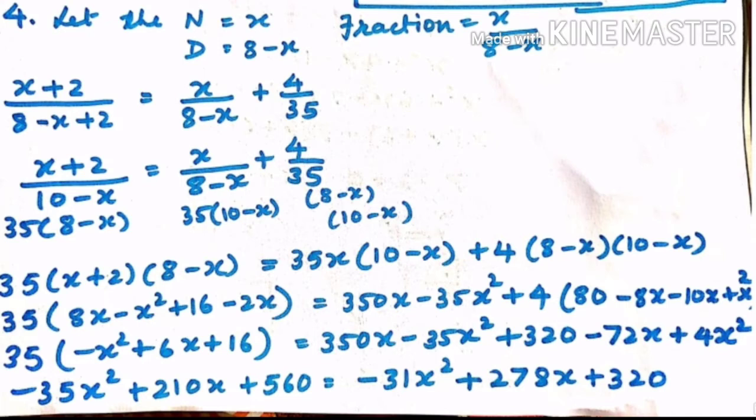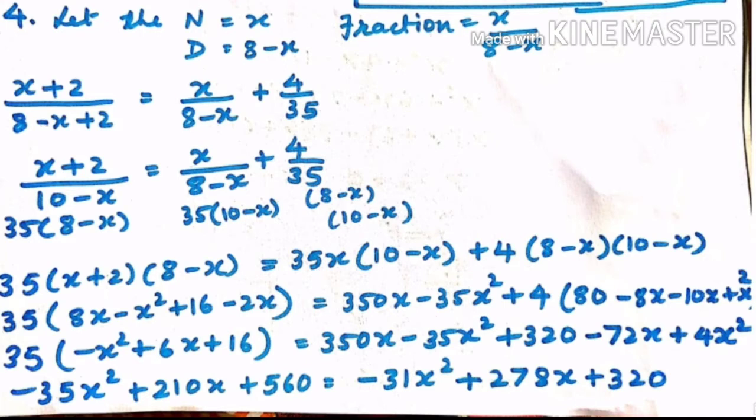Now on the left hand side, brackets like terms we have to simplify and write minus x square plus 6x plus 16 is equal to, here also I am opening the bracket and writing my terms, that is 350x minus 35x square plus 8 4s are 32, means 320, minus 18 4s are minus 72x plus 4x square.